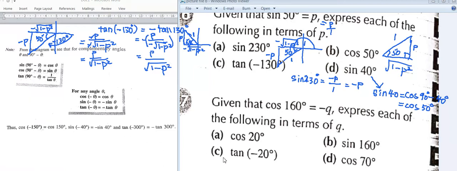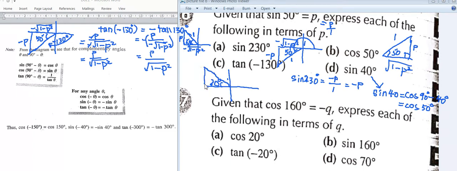Now let's look at what about this. Let's start off with this first: cosine 160. It is in the second quadrant. So 160 degree, here becomes 20.